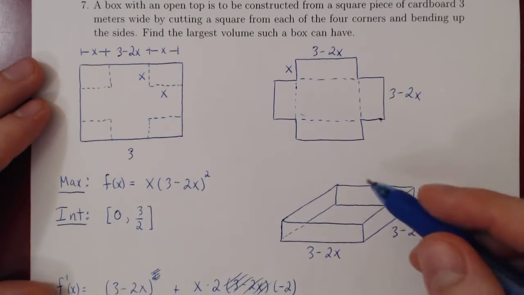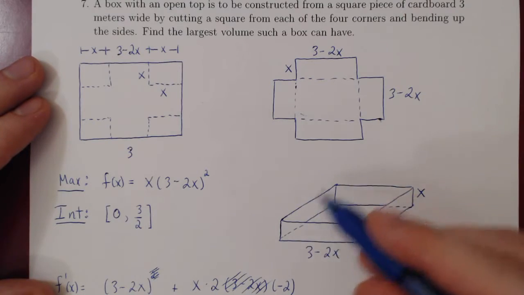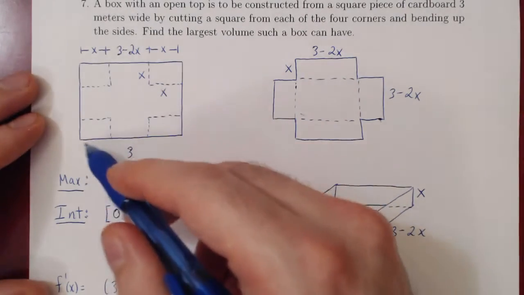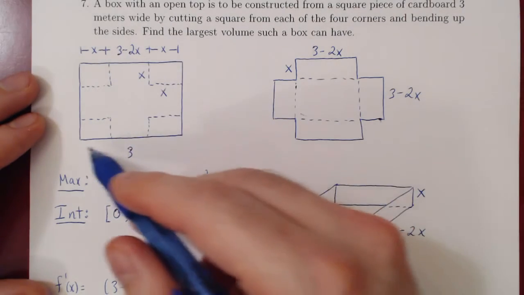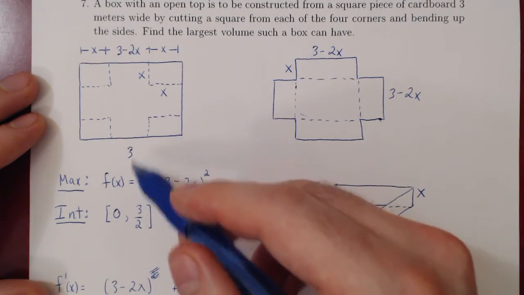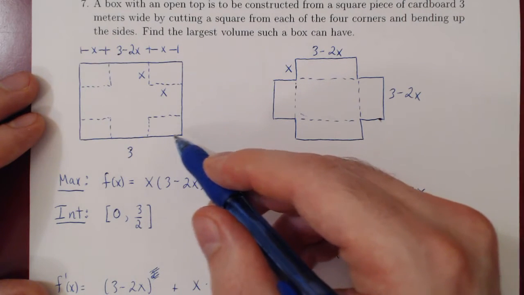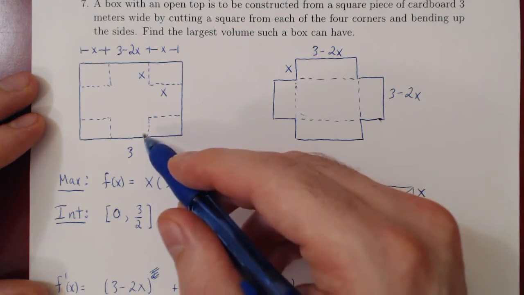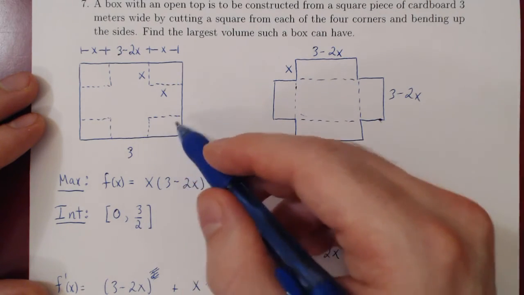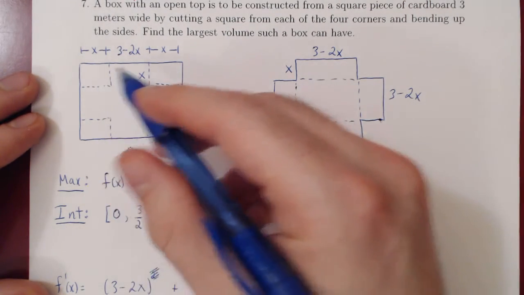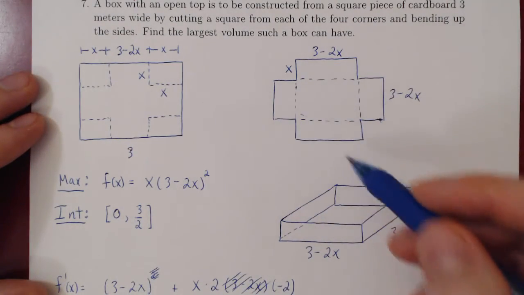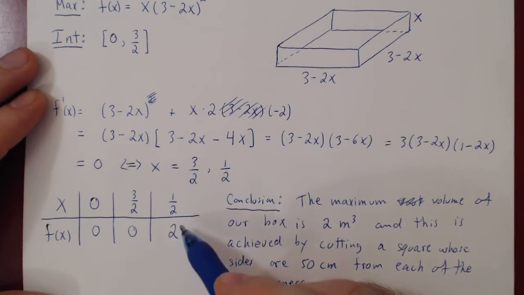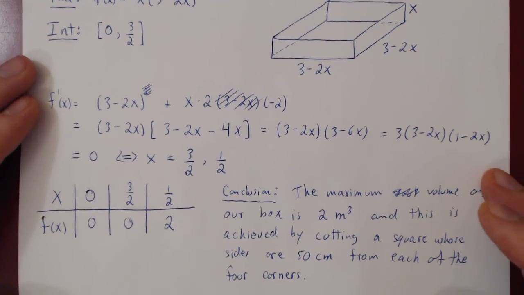So you will be able to construct the box with maximum possible volume if from the original square piece of cardboard, whose sides are of length 3 meters, you cut off 0.5 meters, so 50 centimeters, the same amount for each of the four corners. Once you fold those up, you'll have a box of maximum volume, and the maximum volume is 2 meters cubed. And that's it.